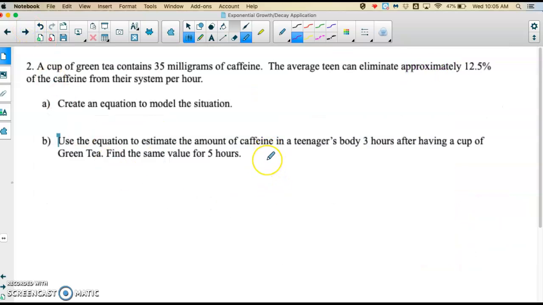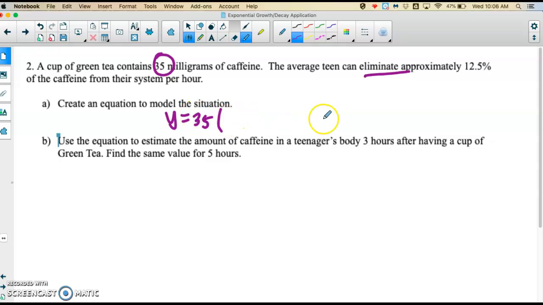So here, a cup of green tea contains 35 milligrams of caffeine. The average teen can eliminate approximately 12.5% of caffeine from their system per hour. So we're going to create that model. This one is eliminating, so that's decay. Again, you can use A of t, or you could just use y if you would like. Our starting value is 35.